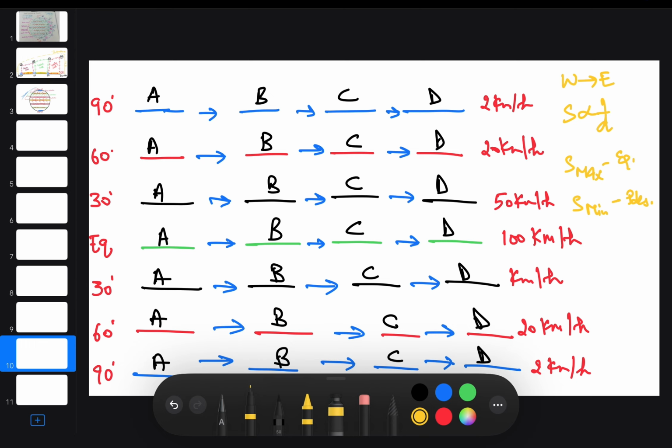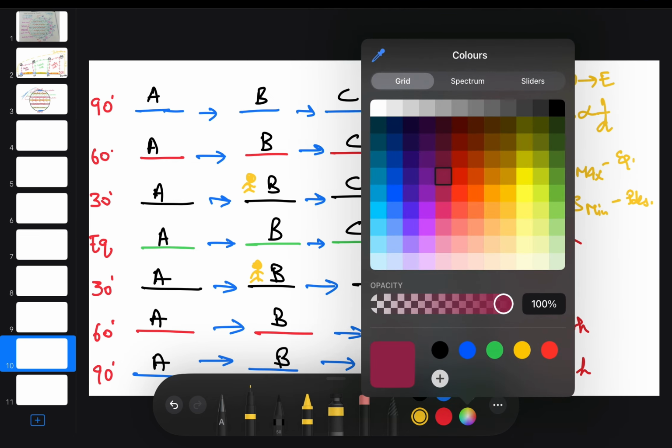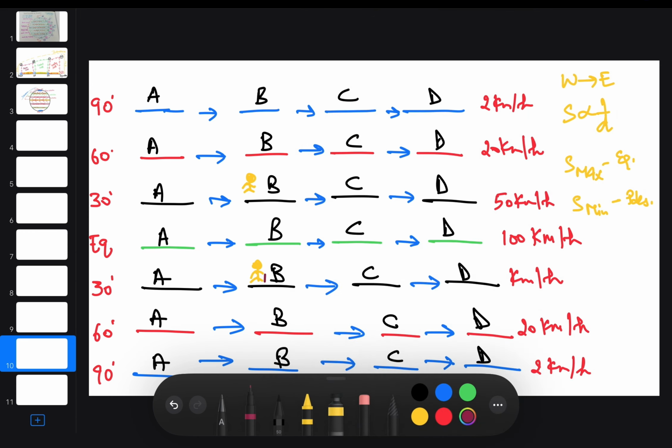Suppose a person is standing at 30 degree latitudes, a person is standing here and a person is standing here, and he moves towards the equator, at the 0 degree.